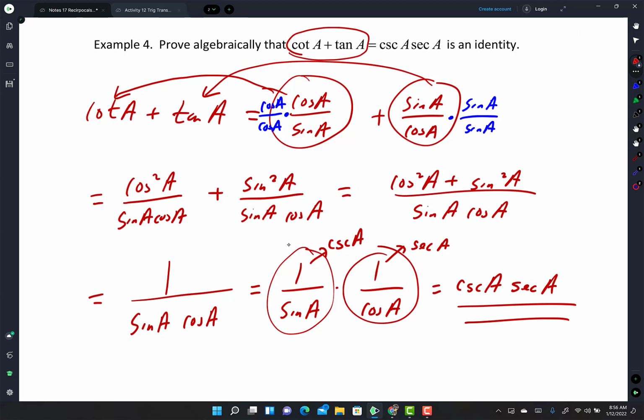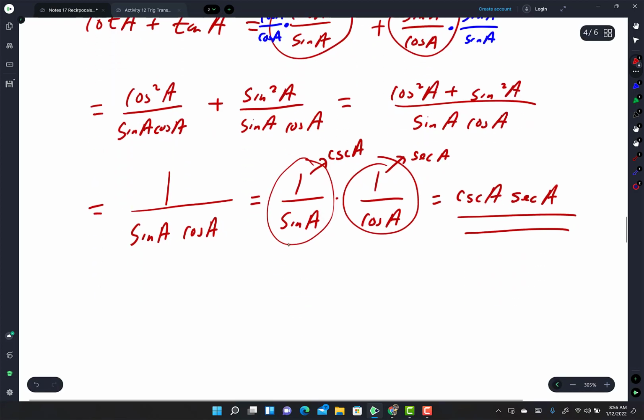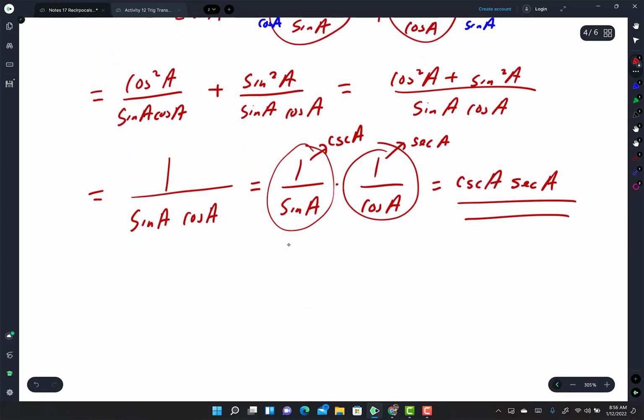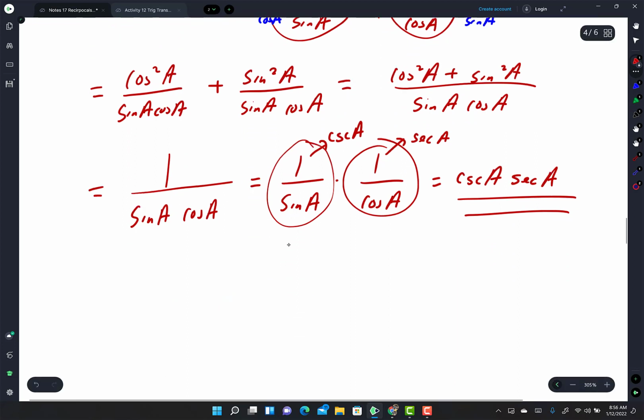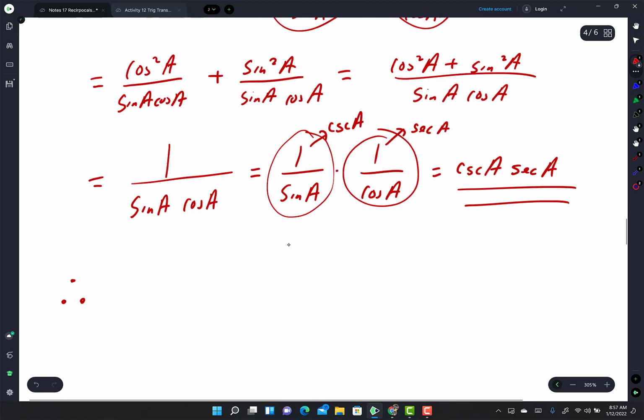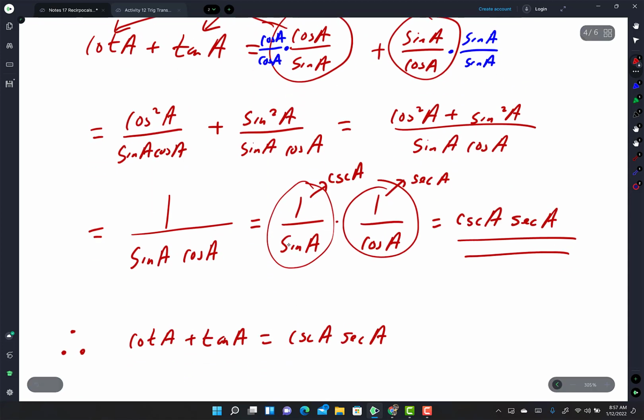Do you guys see how we got there? And now that's the second to the last statement. My last statement is going to be the little triangle with 3 little dots, and then I'm going to write cotangent A plus tan A is cosecant A, secant A, and it's up there, all the work that we did to get to that point. Cool or not cool?